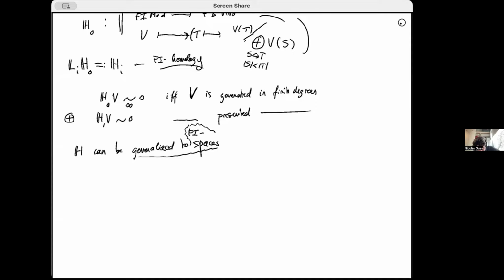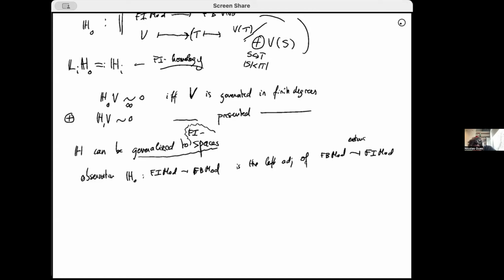So the observation is that H0, the classical H0, which is a functor from FI modules to FB modules, measures, in some sense, the generation property of V. It is the left adjoint of something that goes the other way around, and this is the extension by zero functor.